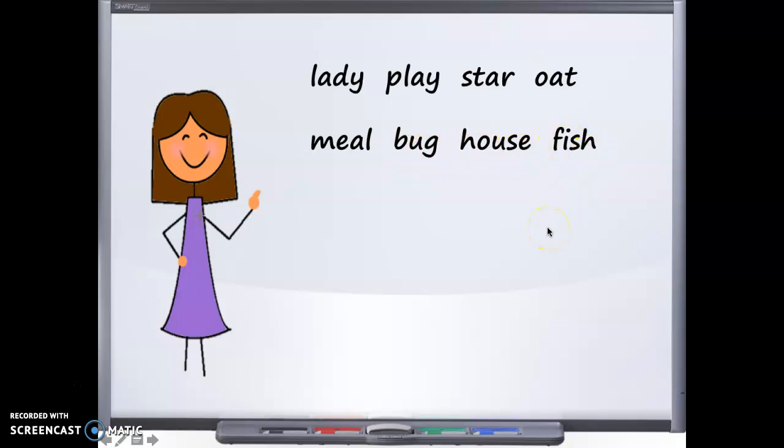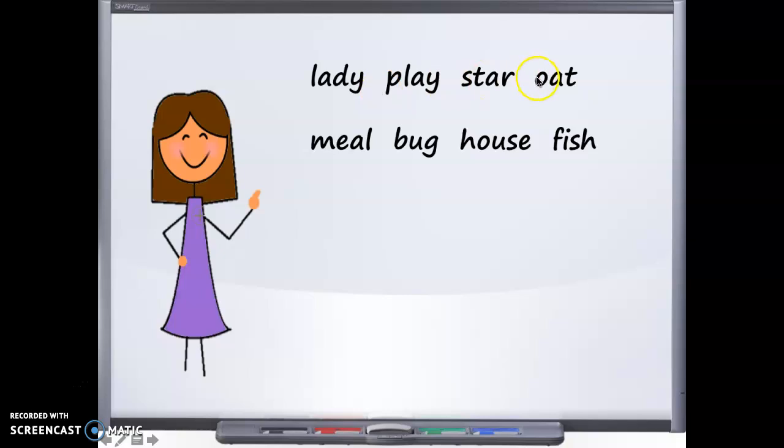Whether you want to do this on a sheet of paper with a pencil or a pen or a marker, or if you have a whiteboard at home, you can do whatever you would like to do. However, what I would like you to do with these 8 words is to combine them into 4 compound words. Okay? So we're going to take these 8 base words, and we're going to turn them into 4 compound words. Let's see.